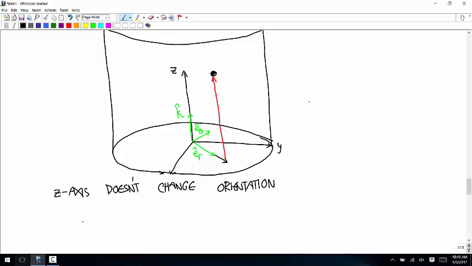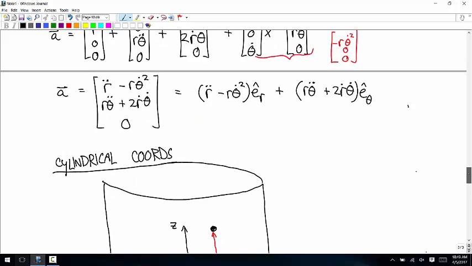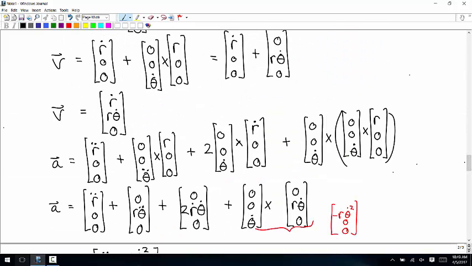And so what you get is the position vector is r, 0, z. The velocity vector is r dot, r theta dot, z dot. That's what it was, right? It's the same as this, but you just have a z dot.